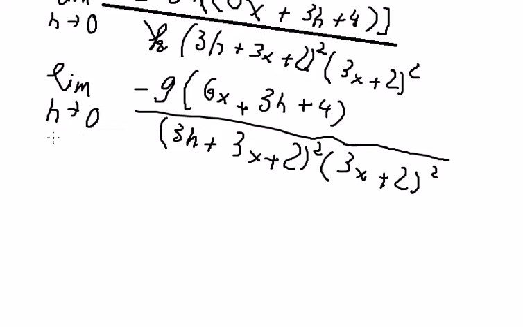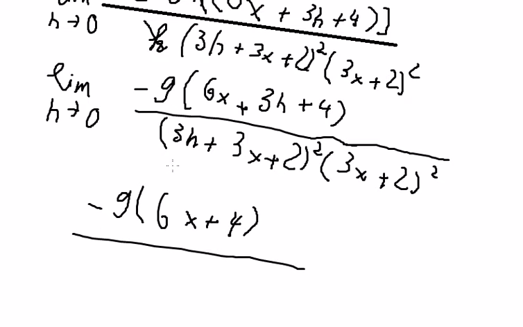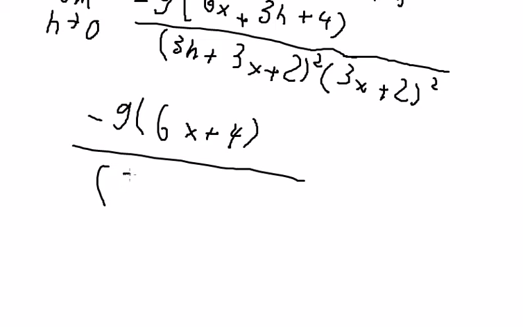So we put h equal to number 0 in here. You got about negative number 9, 6s plus 4, and we got about (3s plus 2) to the power of 4.